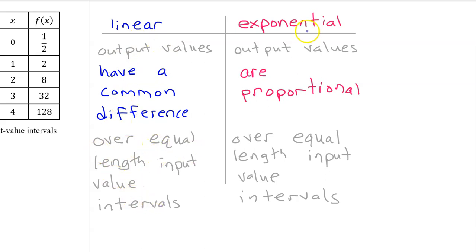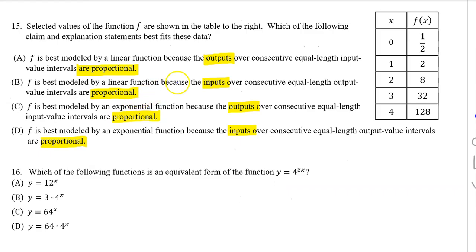An exponential model is most appropriate when the output values are proportional over equal length input value intervals. Two of the answer choices talk about the output values being proportional, but two of them talk about the input values being proportional. The input values being proportional, that never tells us anything.